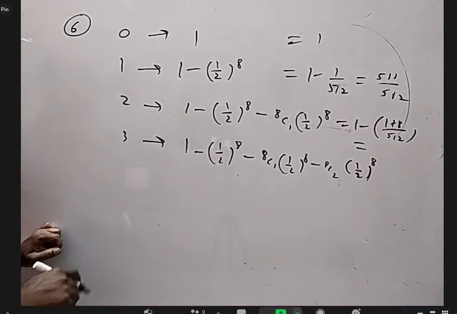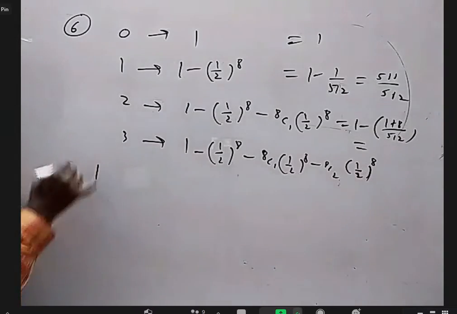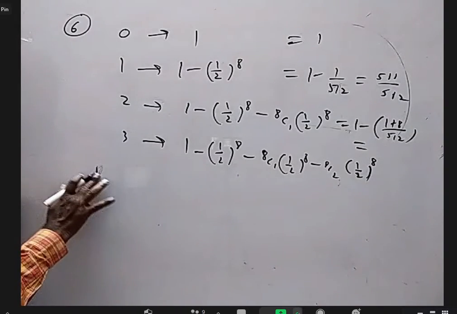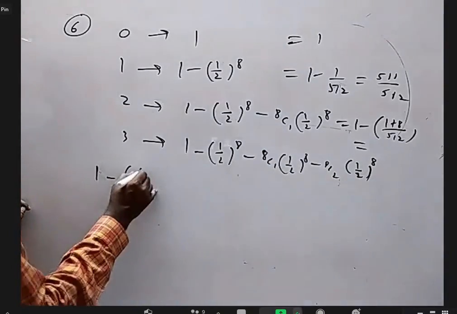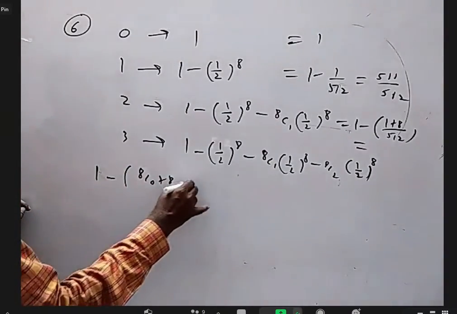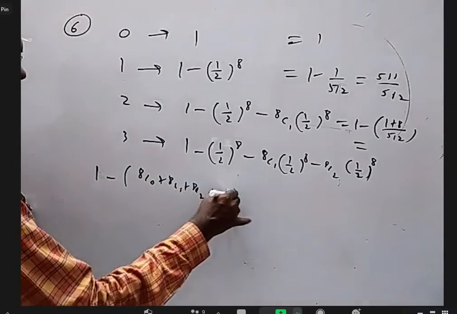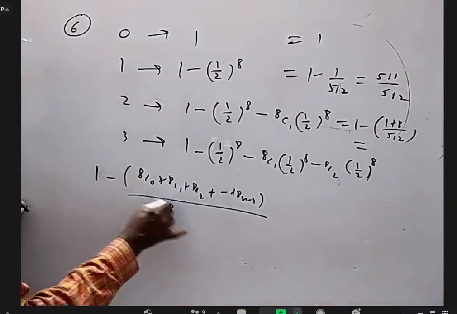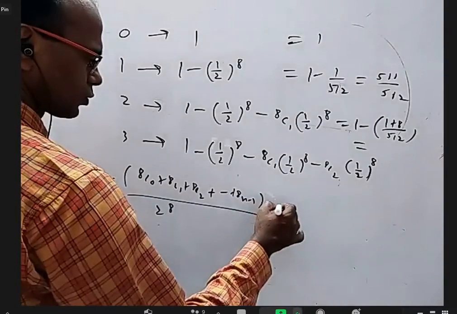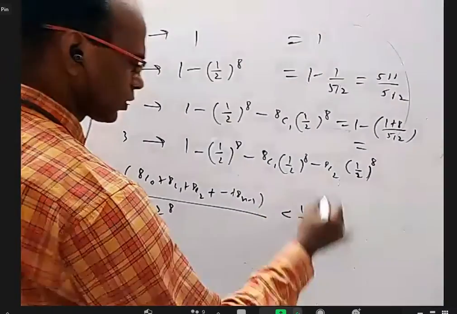Basically, what is the answer I am getting? If you want at least n successes, it is 1 minus all these things together: 8c0 plus 8c1 plus 8c2 and so on up to 8c(n minus 1), times (1 by 2) power 8. That should be less than 1 by 2.